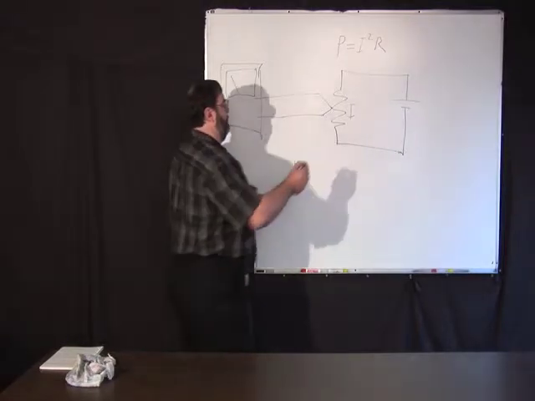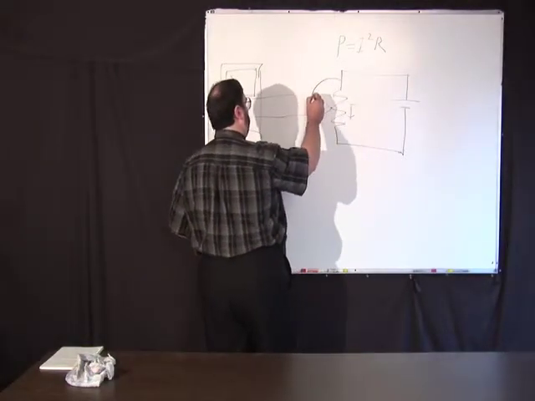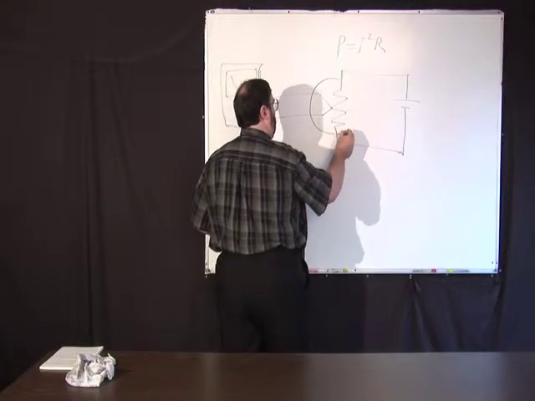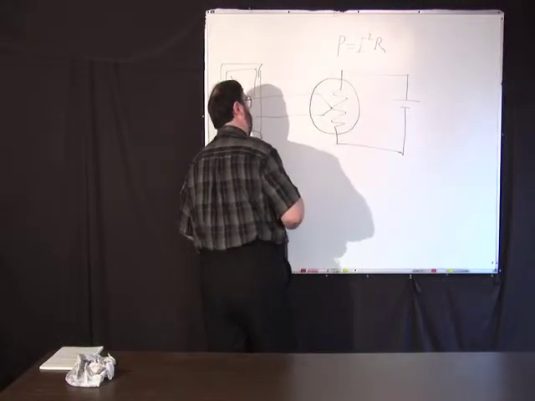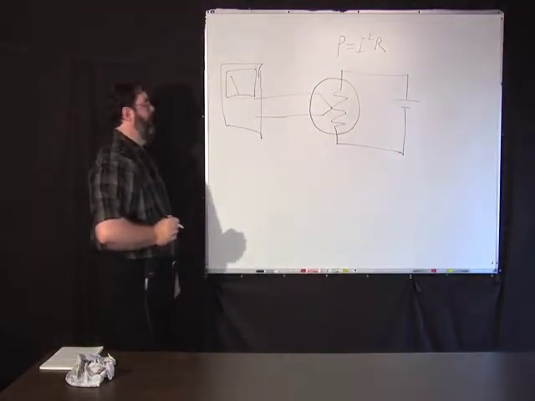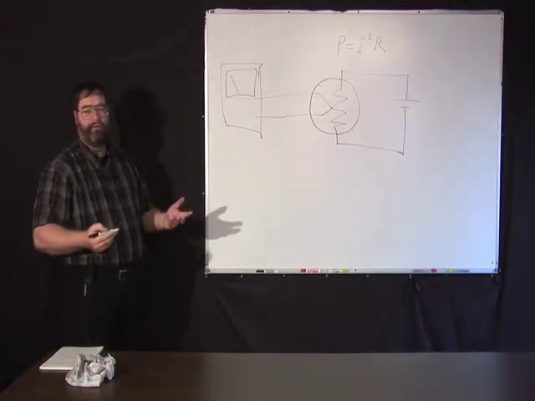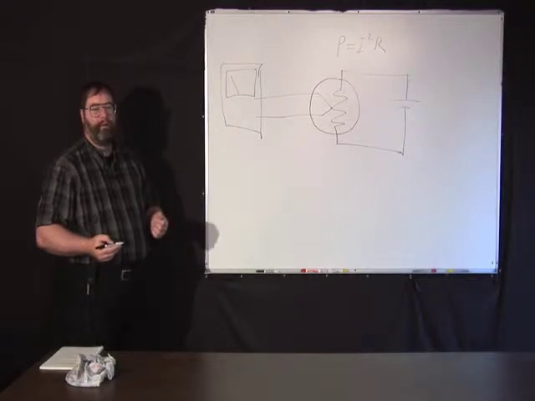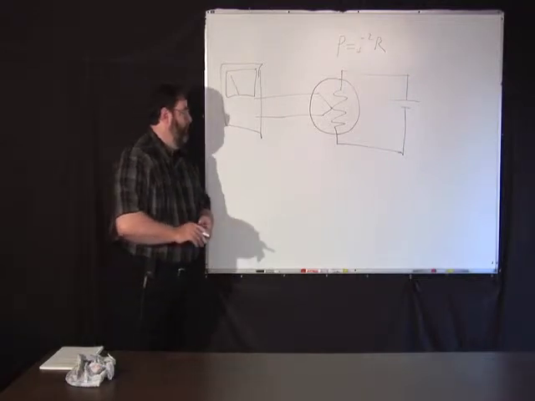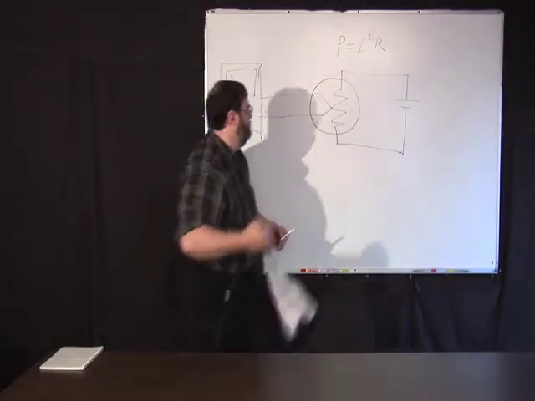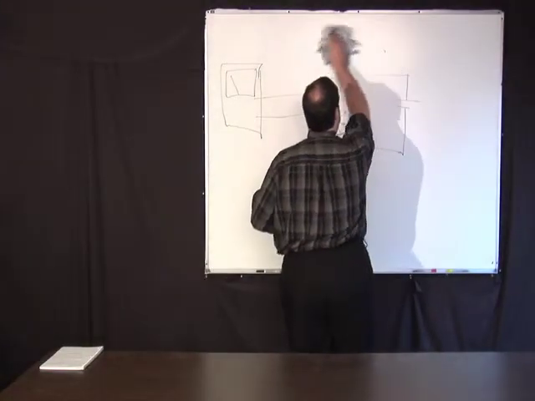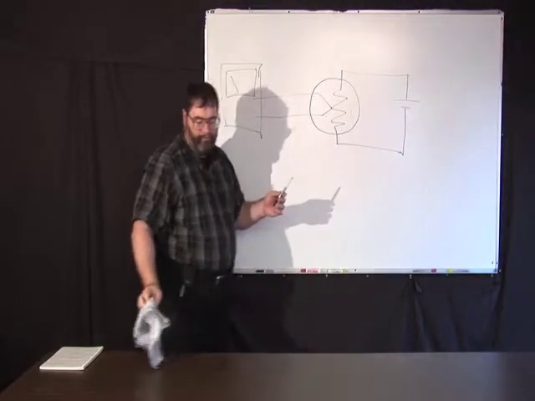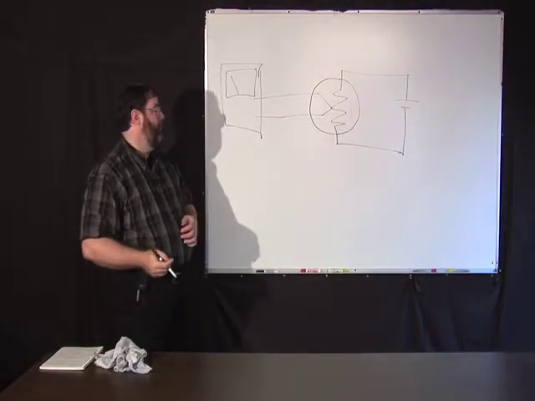And what one does is make something like this and encase it in some sort of glass enclosure. And this is called a thermal element. And it's used to measure voltage, because when you determine the current, you can determine the voltage through Ohm's law.